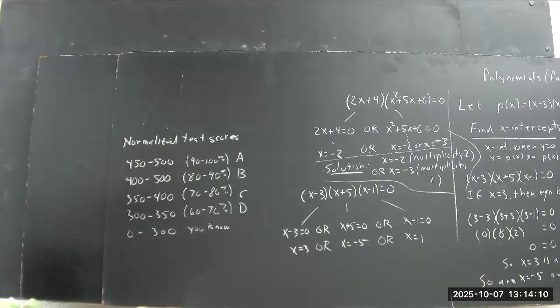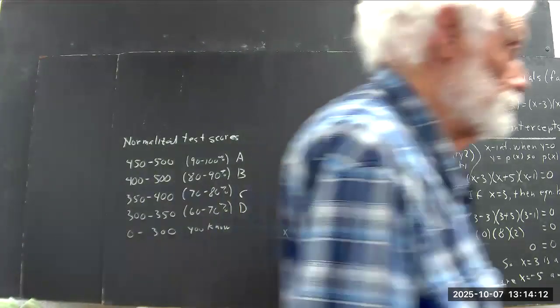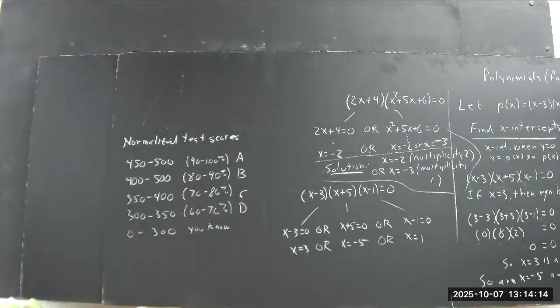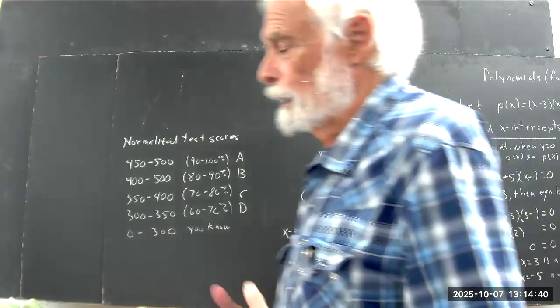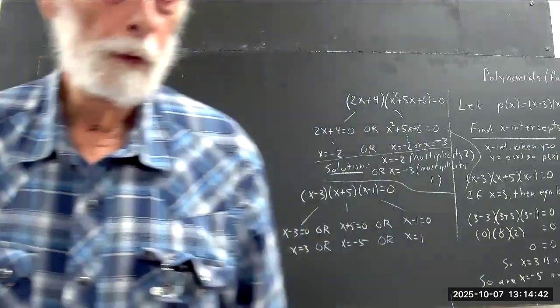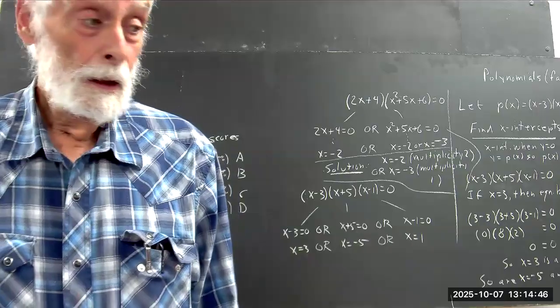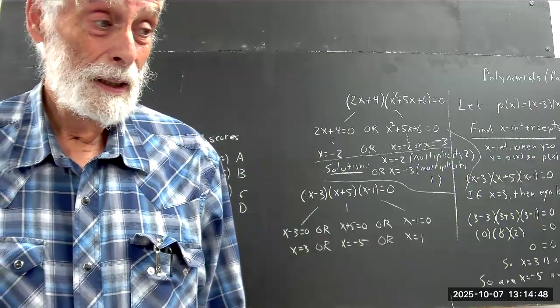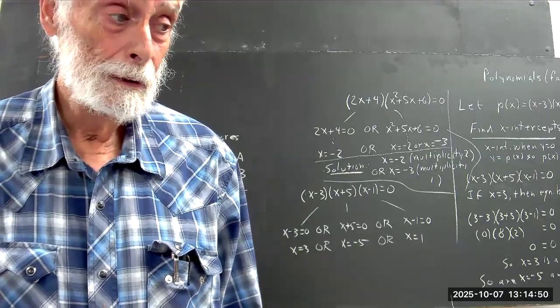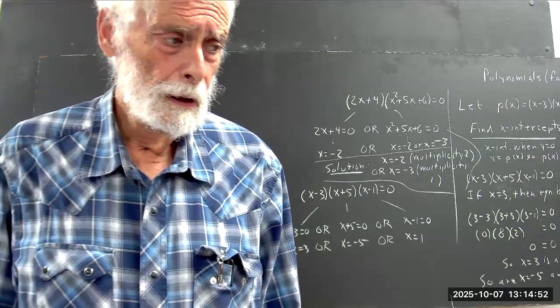Okay, now we're going to go ahead and talk about absolute values, absolute value functions. I did tell you last week, if you wanted a copy of your test, you should email me and I would email you a copy. Well, I was going to do it yesterday, but the copier was tied up.